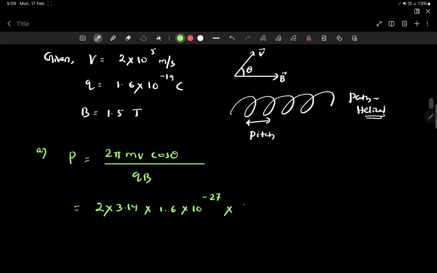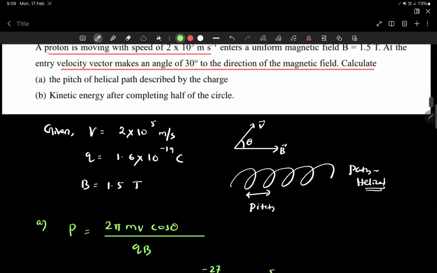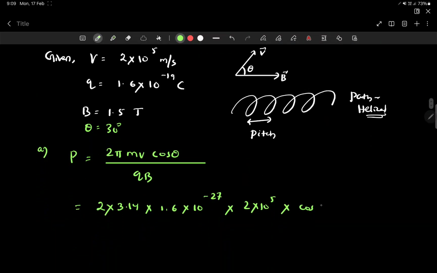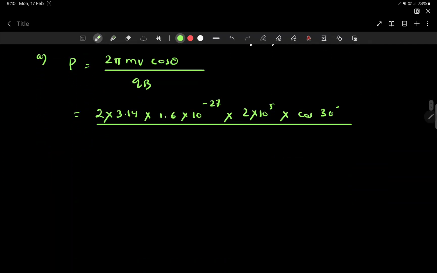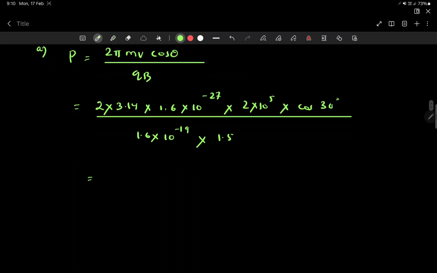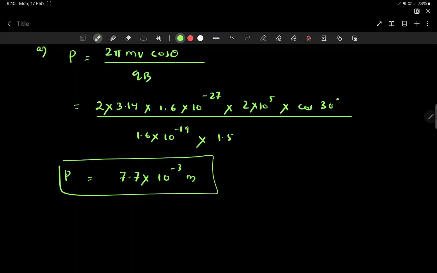Its v value is given as 2 × 10^5, and cos θ, that is cos 30 degrees, divided by qB, where q is the charge of the proton, 1.6 × 10^-19 coulomb, and the B value is 1.5 Tesla. If you solve, you will get 7.7 × 10^-3 meter. So this is the value of the pitch.